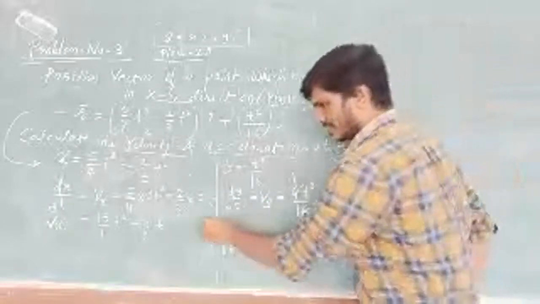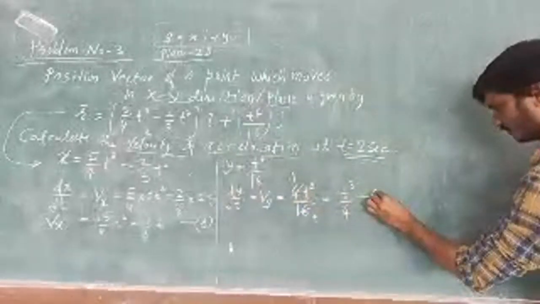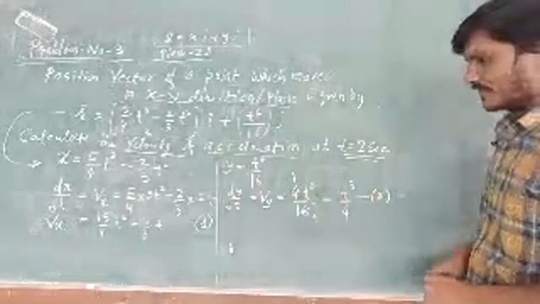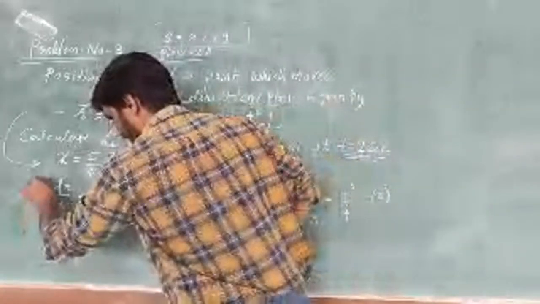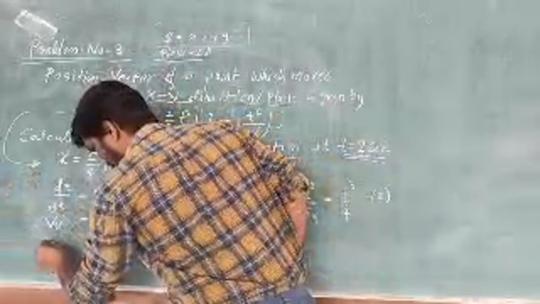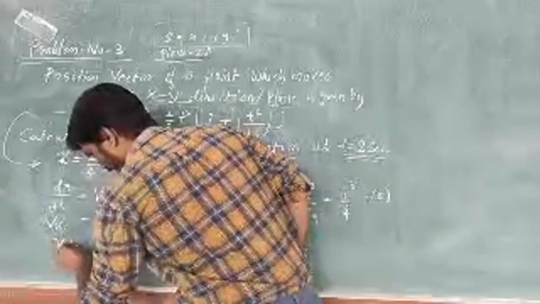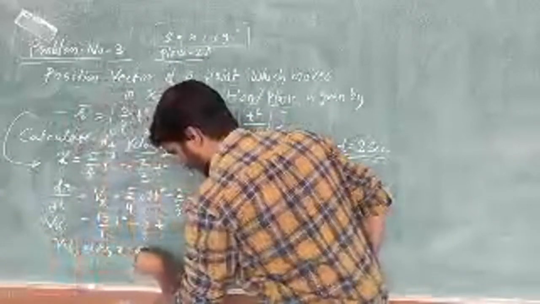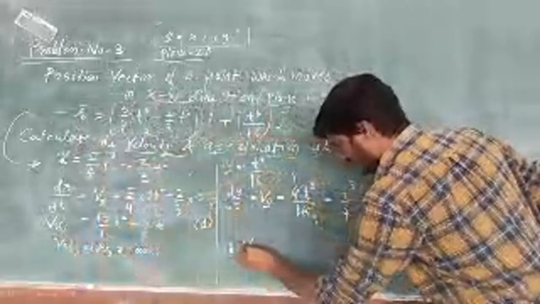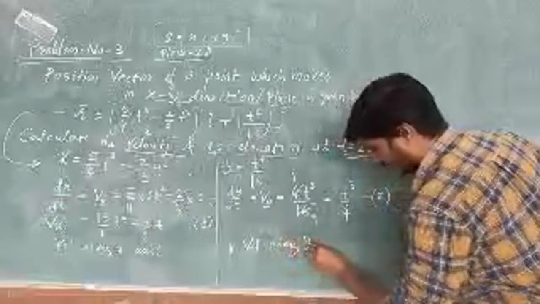So let us say this is equation number 1 and this is equation number 2. After differentiating the distance, we obtain the velocity, that is the component velocity along the x-axis, and this is the velocity along the y-axis.